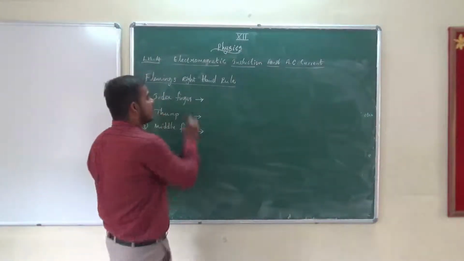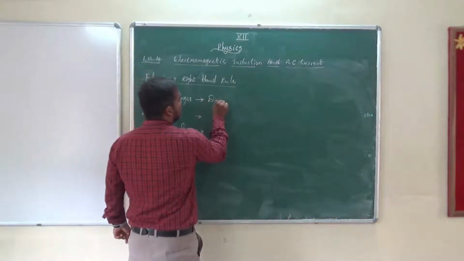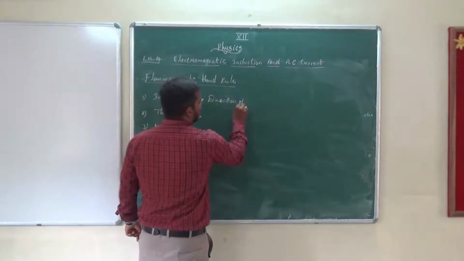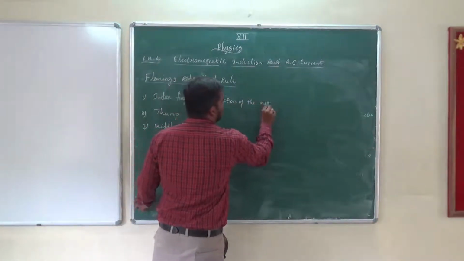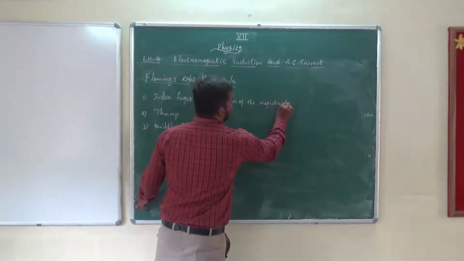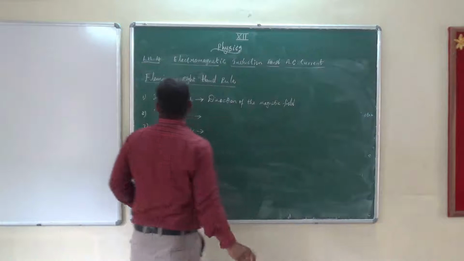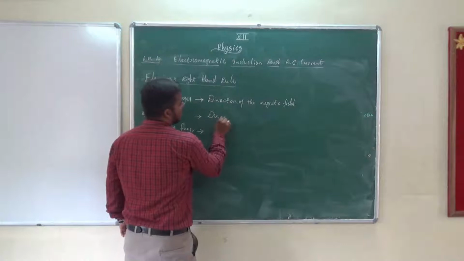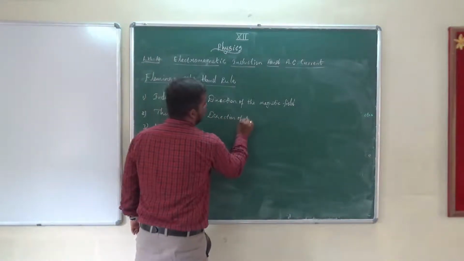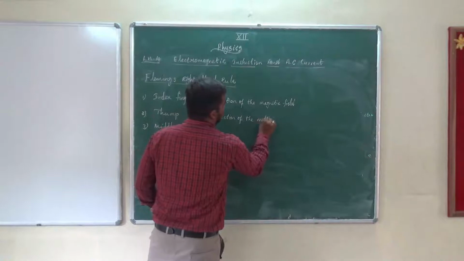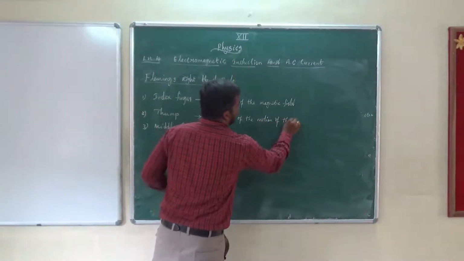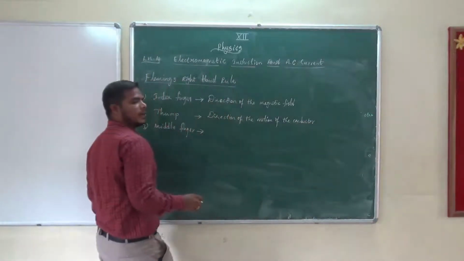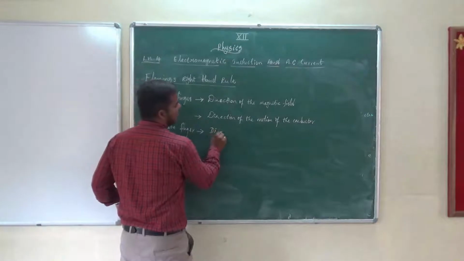Your index finger indicates the direction of the magnetic field. Next, the thumb indicates the direction of the motion of the conductor. The middle finger indicates the direction of the induced current.